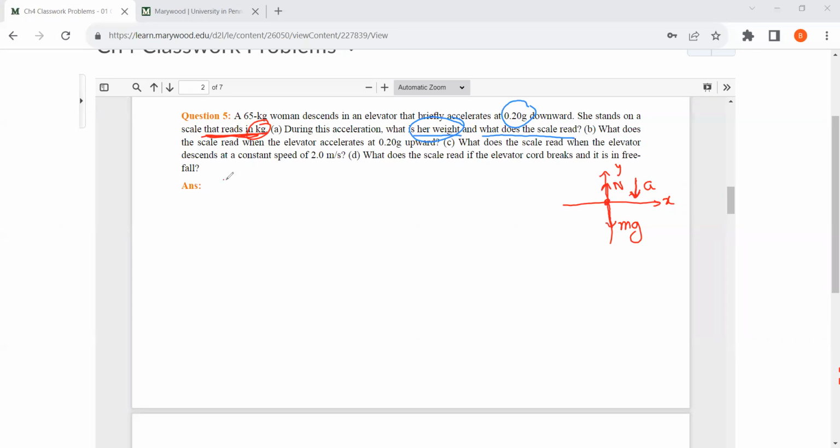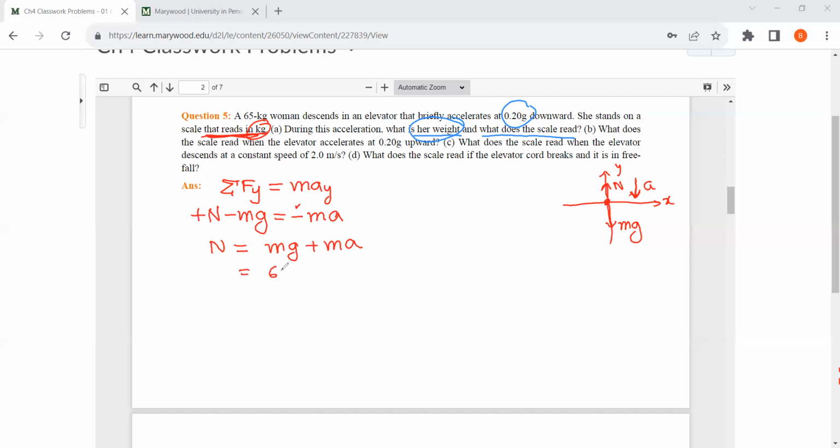Now let's write down the equation. Sum of Fy equals m a y. What is the left hand side? The left hand side is plus N minus mg, and on the right hand side we have minus ma. We use this minus sign because the acceleration is downward. From this we calculate the normal force: N is mg plus ma.